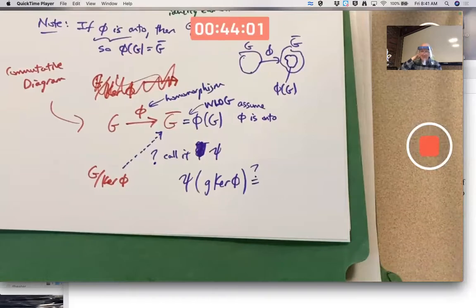Has your intuition been trained enough by now? How could I take these symbols, the G and the phi especially, and make an element of G bar in a natural way that involves phi and G? And I almost gave it away just by saying that.